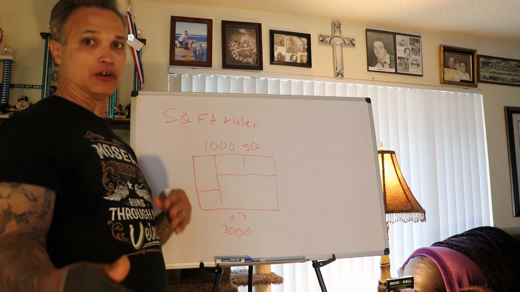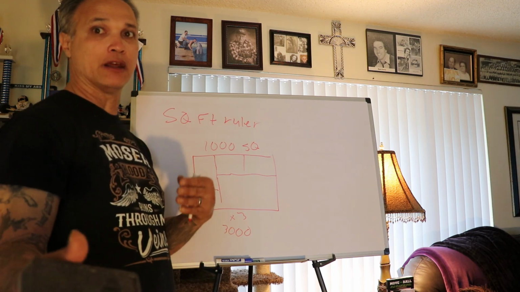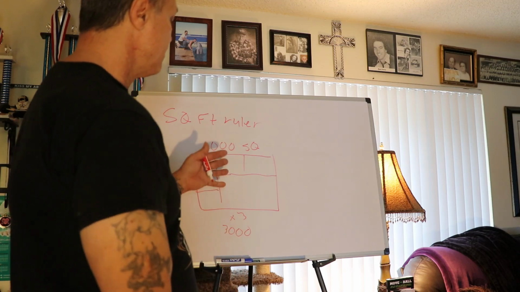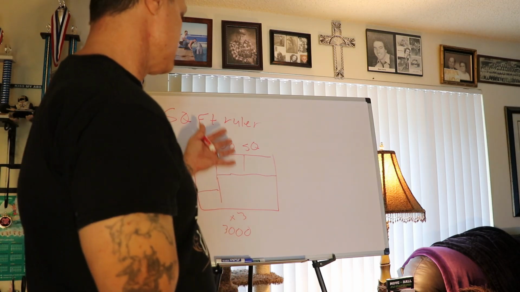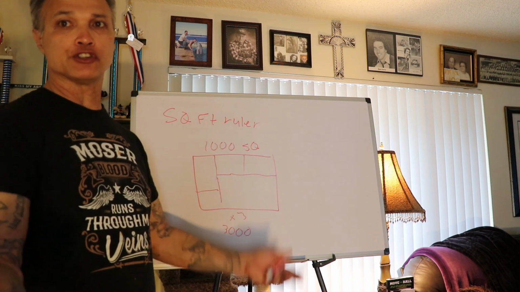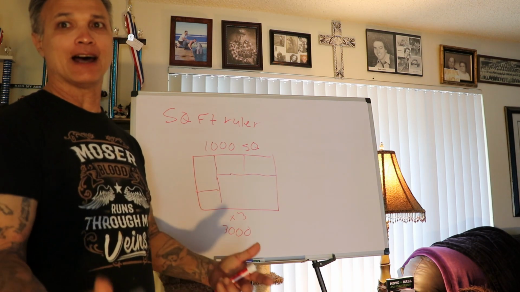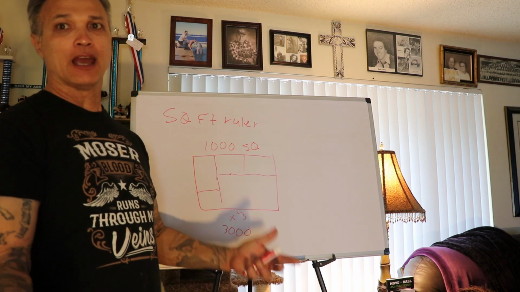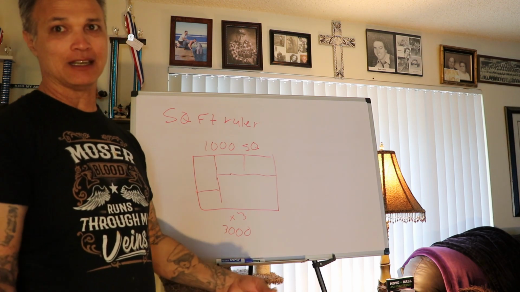I'll explain a little later when and why I do it. But let's just say you go into a house and you measure every one and you don't get the job. Well, then that's a lot of wasted time. And for me, time is money.